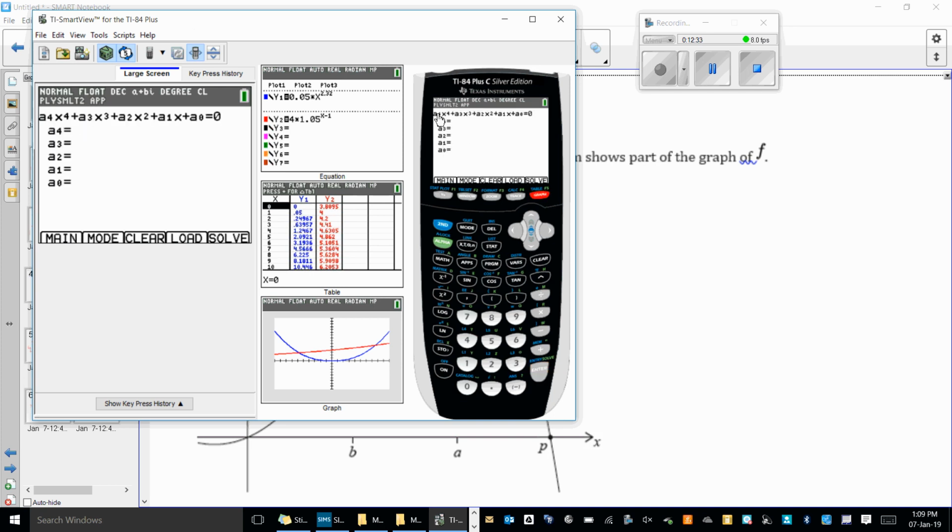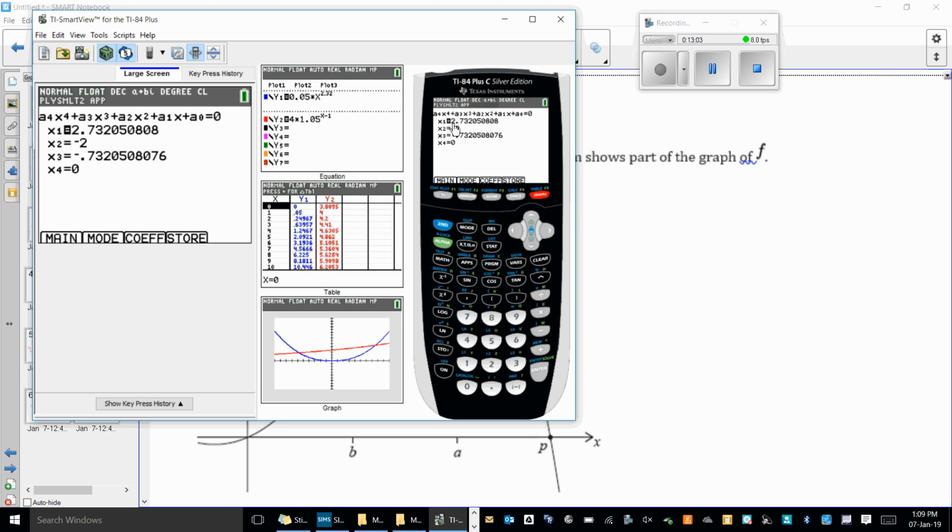So the first value is negative 0.5. And there is no x cubed, so that's a 0. Then it's a 3 in front of the x squared, and then a 2 in front of the x, and then nothing else.